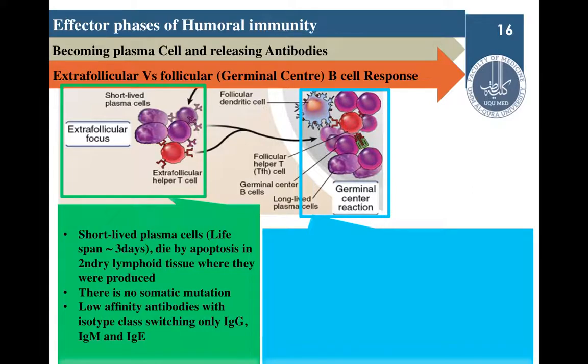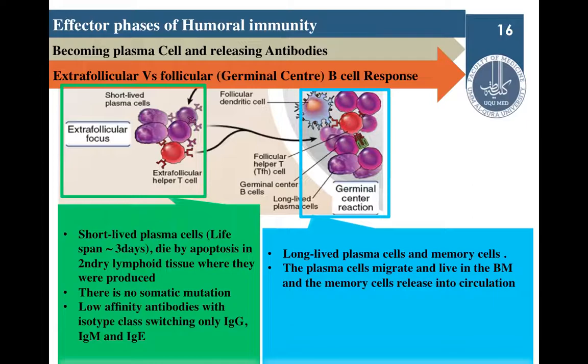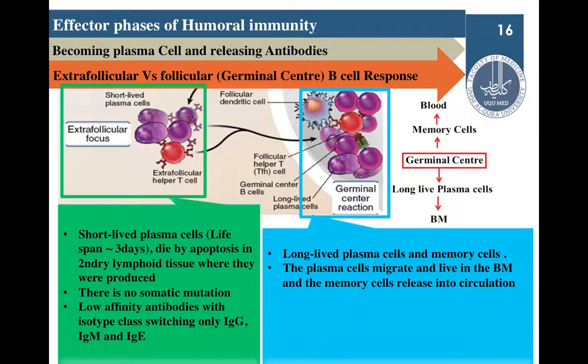Whereas in the germinal center, the long-lived plasma cells and memory cells are produced, and the plasma cells migrate and live in the bone marrow, and the memory cells are released into circulation. So this is what happens in the germinal center. The memory cells that are produced go to the blood and keep circulating in the blood, while the long-lived plasma cells move to the bone marrow and stay there for years. There is somatic mutation and production of high affinity antibodies.